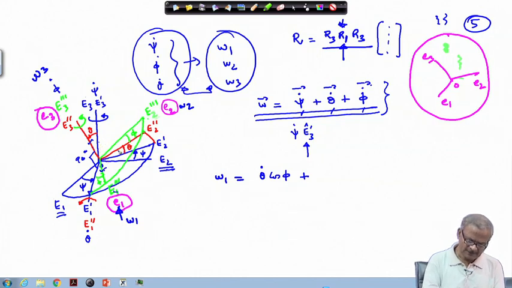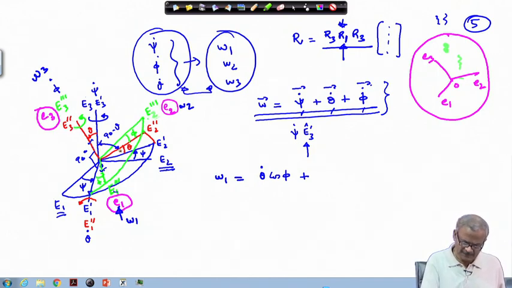So, what we do is, the angle from this place to this place is known to me. This is 90 minus theta. So, I will take the component of psi dot along this red direction, which is E 2 double prime, and along this direction, which is E 3 double prime.